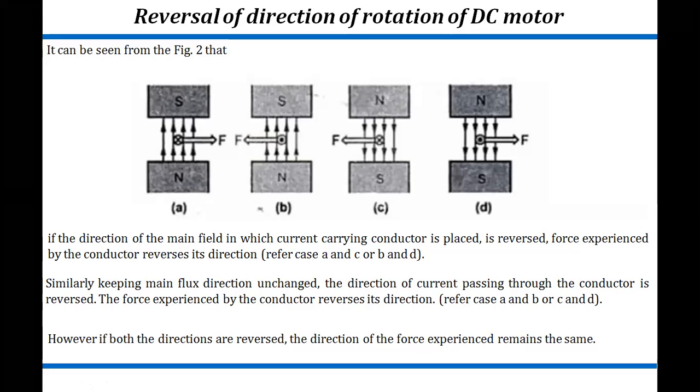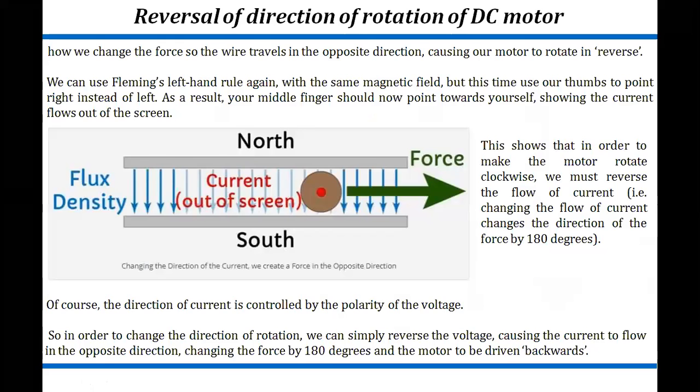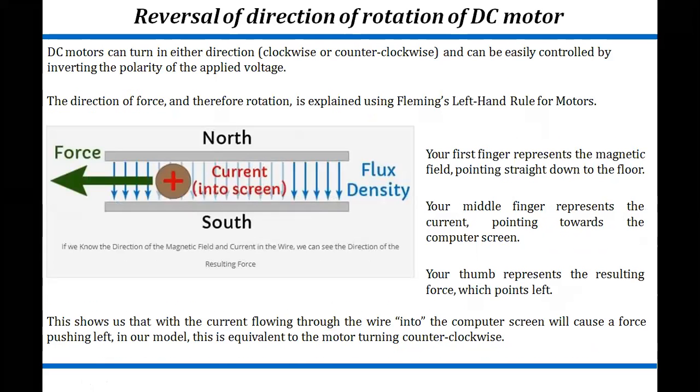It is very simple. There will be a question like, explain the working principle for the reversal of direction of rotation of a DC motor, or sometimes how to reverse the direction of a DC motor. At that time, you are supposed to write about Fleming's left hand rule. If this question is for long marks, it means 3 to 4 marks.